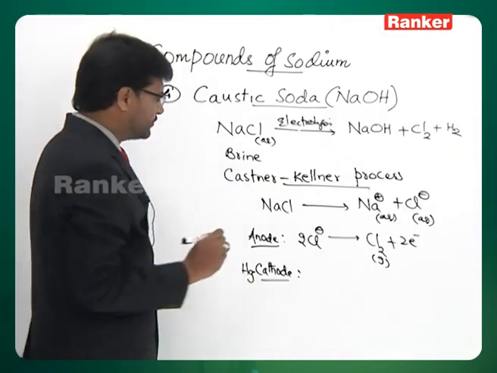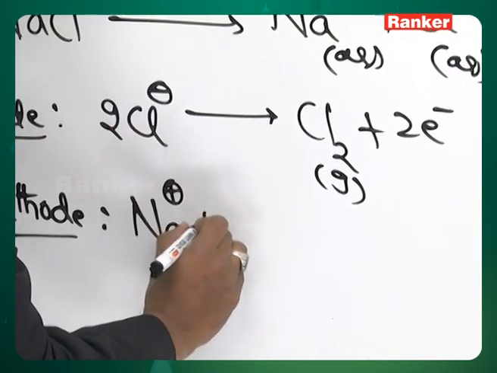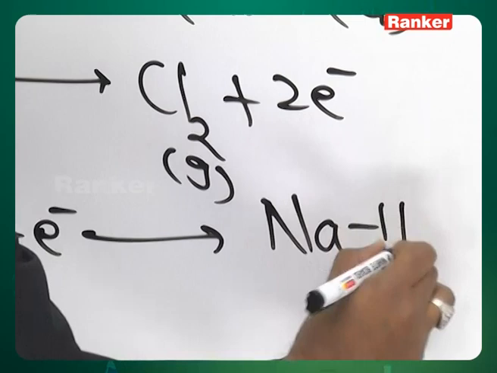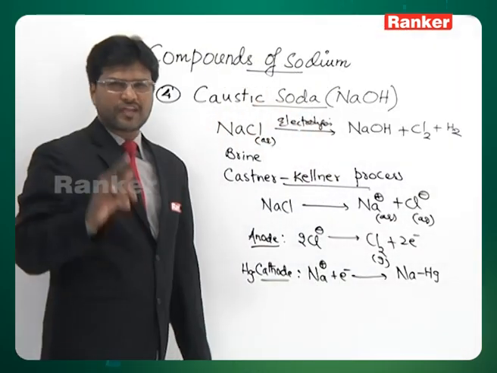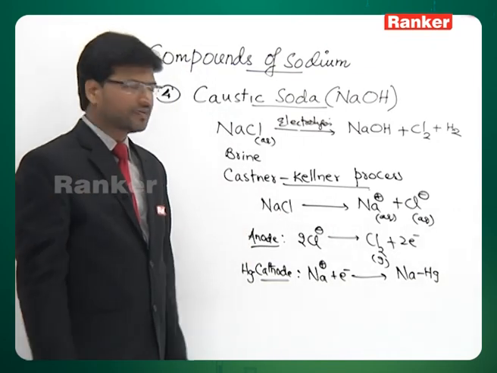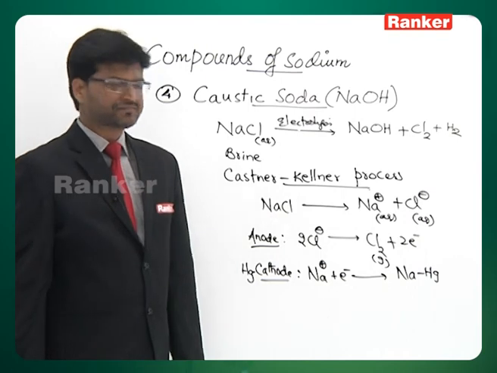At the mercury cathode, sodium ions take up electrons and transform: Na+ changes into Na, sodium metal, which forms an amalgam with the mercury of the cathode, giving sodium amalgam.